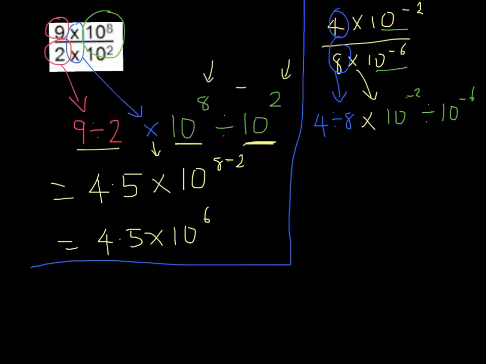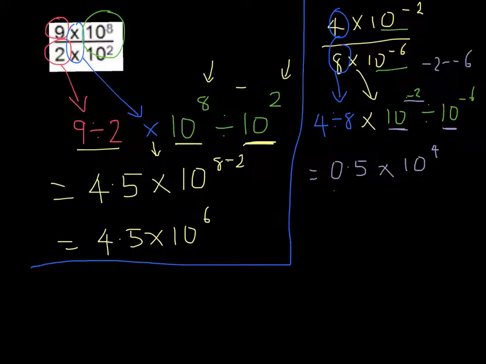So we then go to work that out in our final step. 4 divided by 8 is equal to a half. It's 0.5 times by, be careful with our negative numbers, so the same base. When we've got the same base and we're dividing, we are going to subtract the power. So negative 2 take negative 6, that's going to be the same as negative 2 plus 6. So it's going to be times 10 to the power of 4.